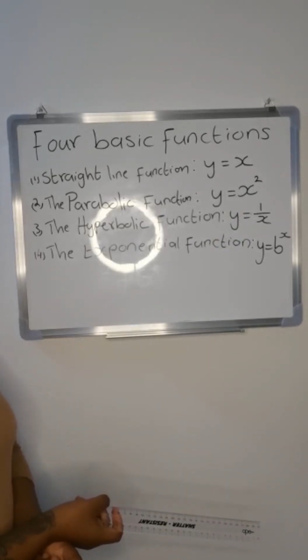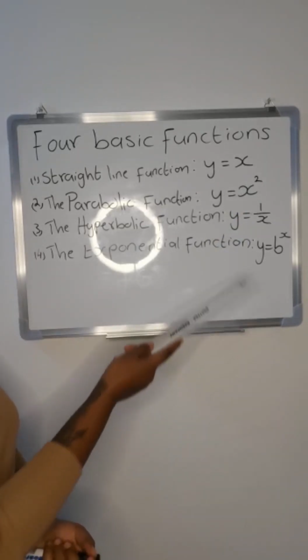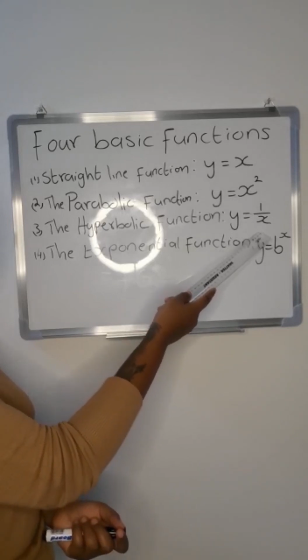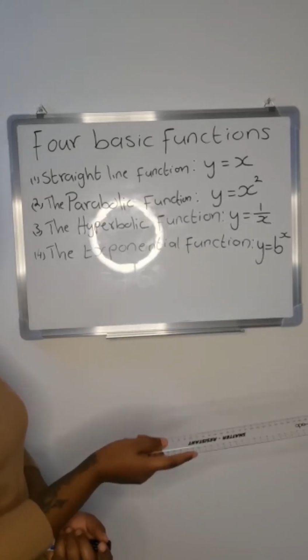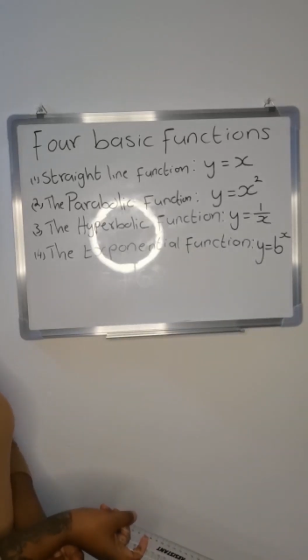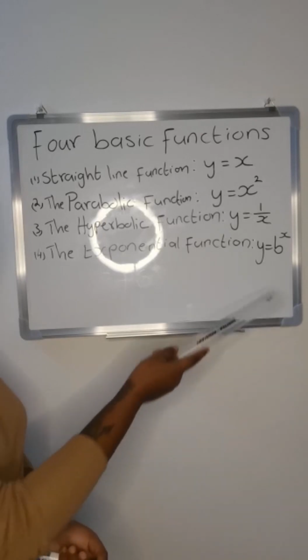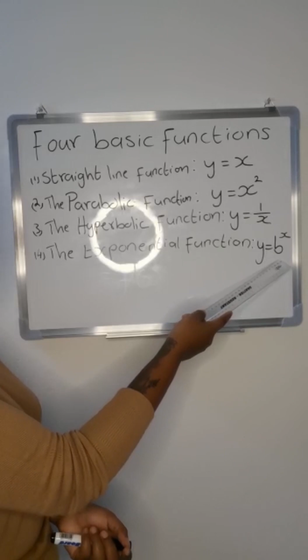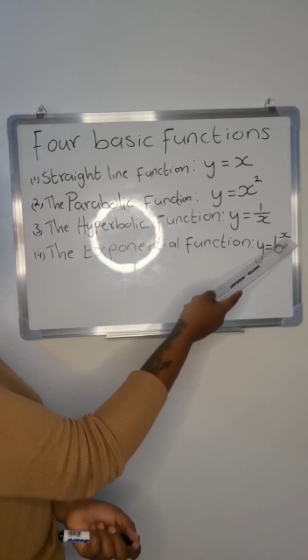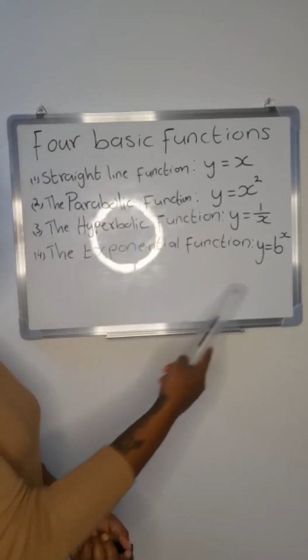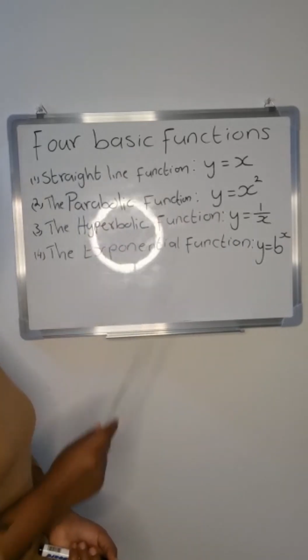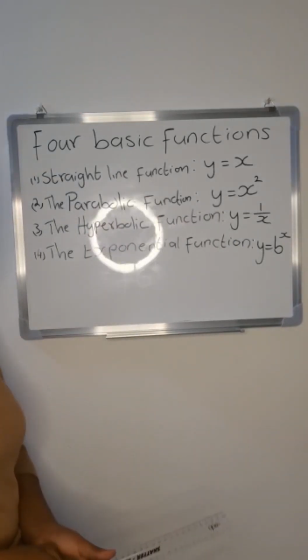Thirdly, we have the hyperbolic function, which is defined as y is equal to 1 divided by x. And lastly, we have the exponential function, which is defined as y is equal to b to the exponent x. These are our four basic functions that we are going to discuss in grade 10.